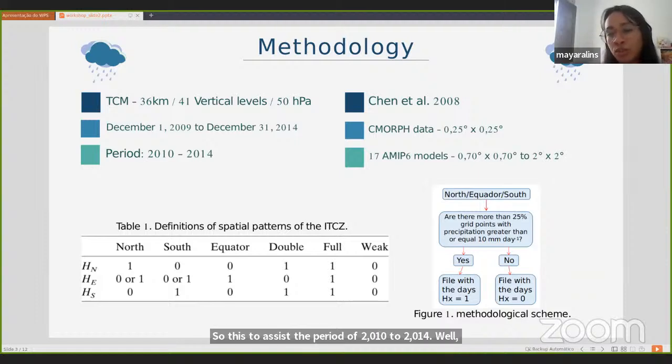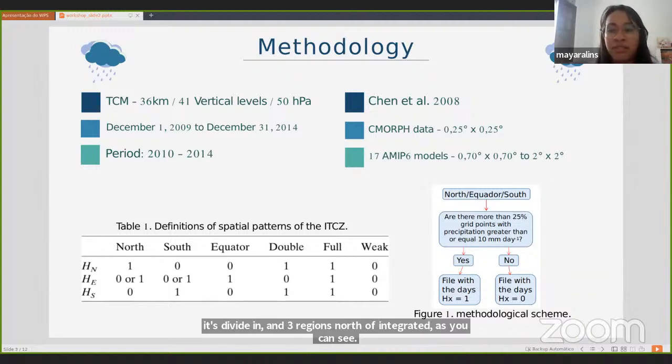Well, we use the Chen 2008 methodology to separate ITCZ daily patterns, which consists of making a binary file, a precipitation intensity index, H, that is defined for each region for each day. Basically, it's divided into three regions, north, south, and equator, as you can see.